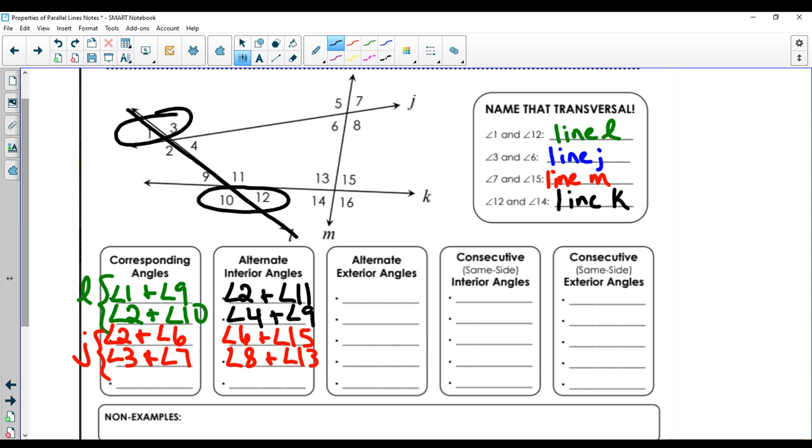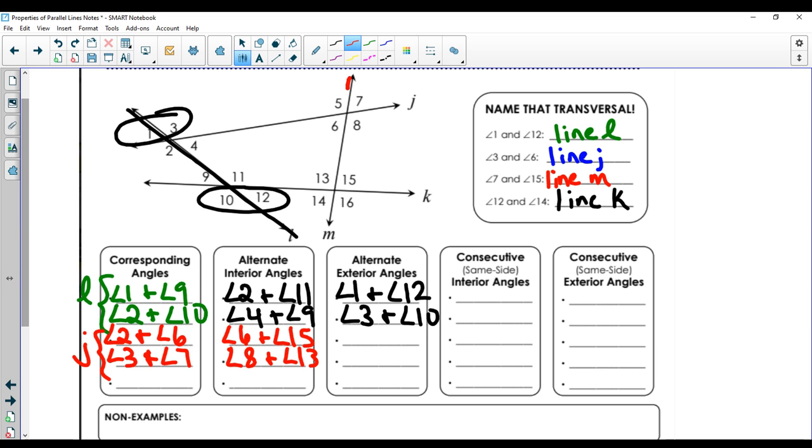Those are your exterior angles in this specific example, okay? And then the ones on opposite sides, we would say that's angle 1 and angle 12, and then angle 3 and angle 10. Okay?